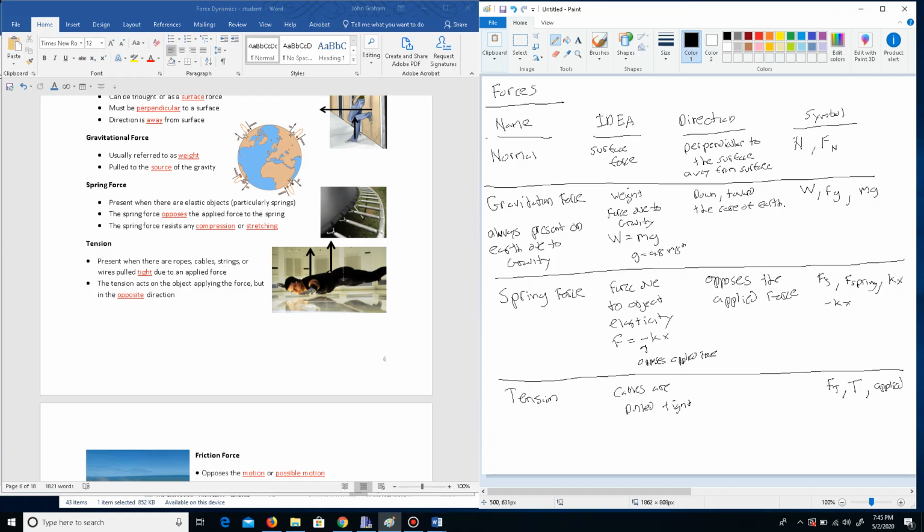And so it opposes the applied force. But when you have a cable, you will have forces on both sides that are tension, that oppose one another. And these are usually connected to objects that are part of the reason why there's a force being applied.